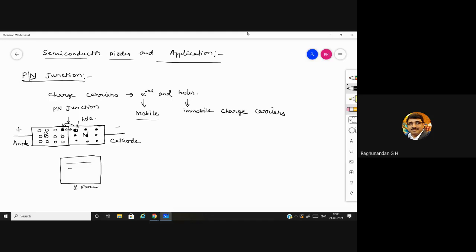These are all the benches we are having, and the dots I'm marking are all the students in the class.